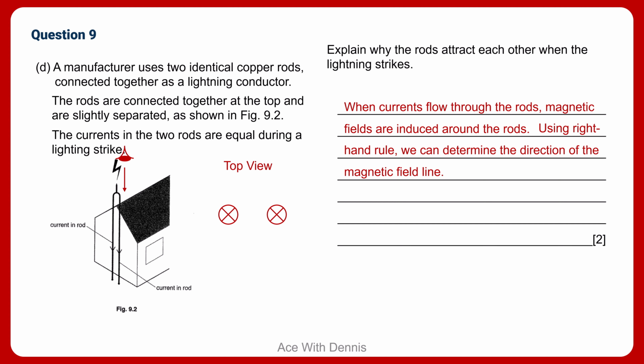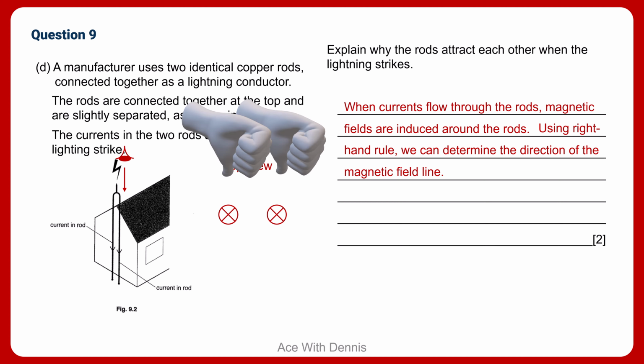Then we hold our right hand in this manner for both rods. The thumb points towards the direction of the current flow, and the four fingers show us the direction of the magnetic field lines. Hence, for both rods, this will be the direction of the field lines.